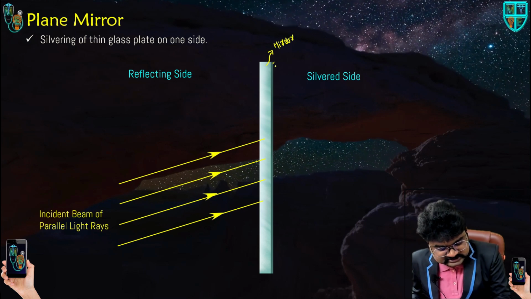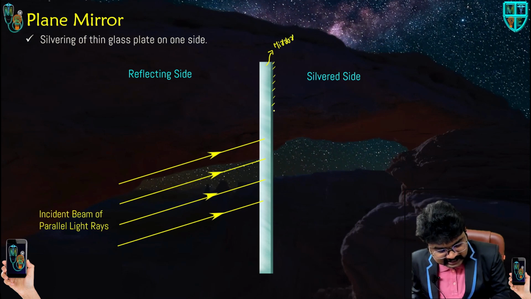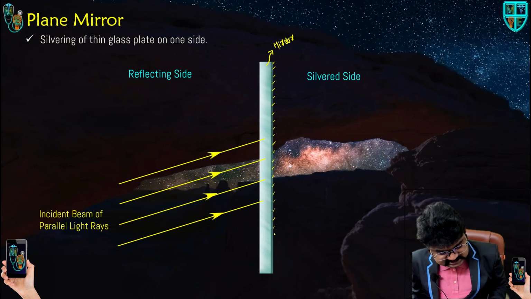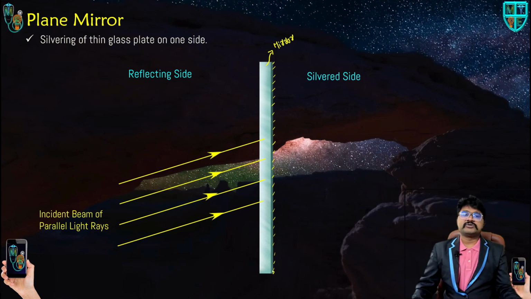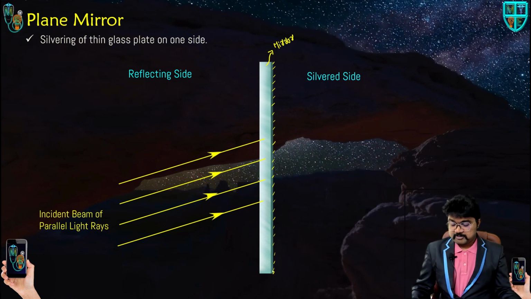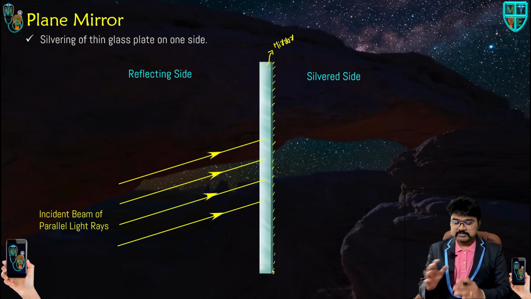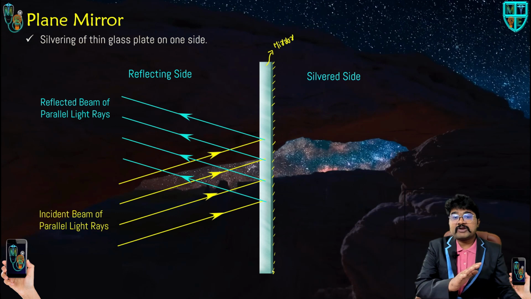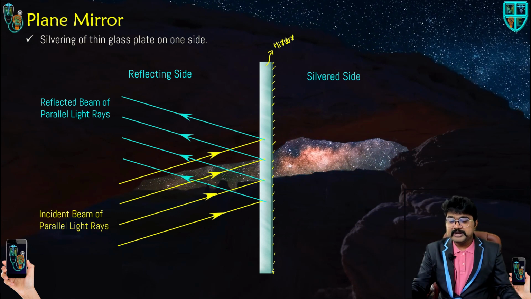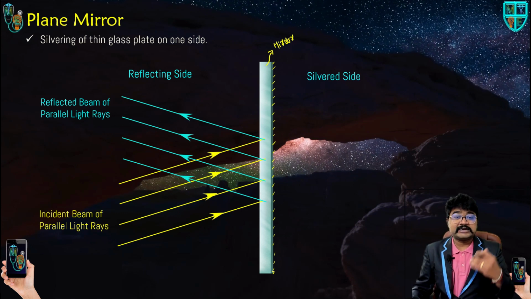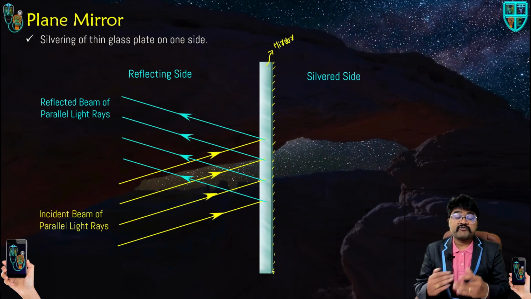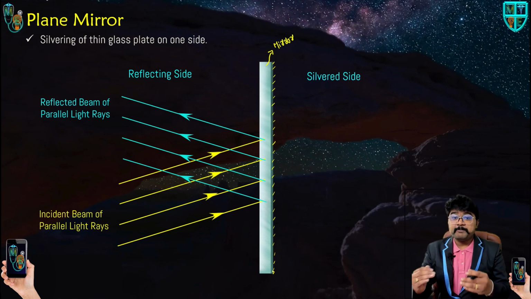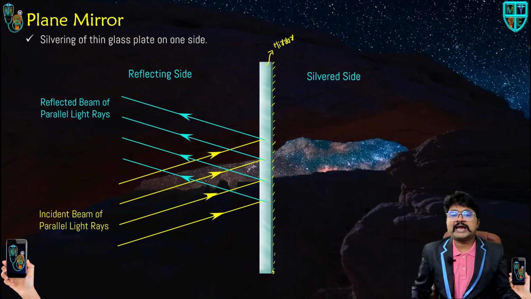So here one side of this glass plate is silver coated. Understood now? Now the incident beam of parallel light rays. Here these are all incident rays. After that, these will be reflected back to the same medium. All are reflected rays, parallel reflected rays. You can call it a reflected beam of parallel light rays.